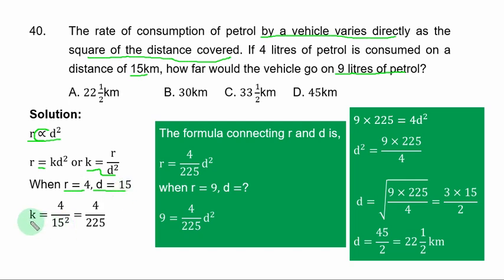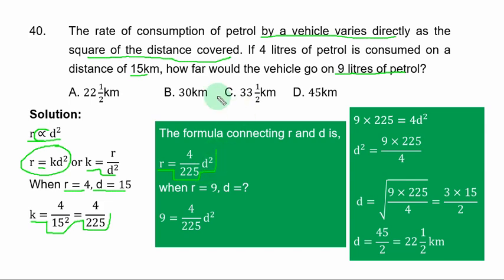So k is equal to R is 4, then d square, you have 15 square, and that is 4 over 225. So you establish the formula that is connecting R and d by simply replacing k with what it stands for here. That is R equal to 4 over 225 times d square.